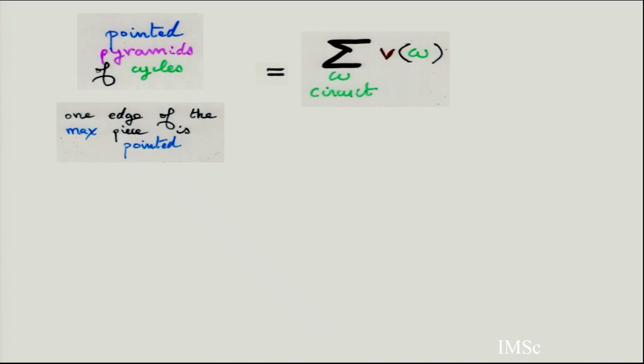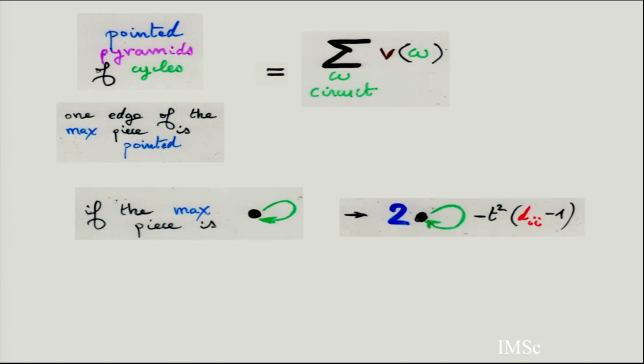When I count my loops, I have to consider that I have the possibility to point it twice, because the variable is t squared. So if there is a loop as the maximal piece of the pyramid, in fact there are two possible loops, a blue and a red one. So in fact it's more complicated. I have two possible loops which are weighted by the degree minus 1.